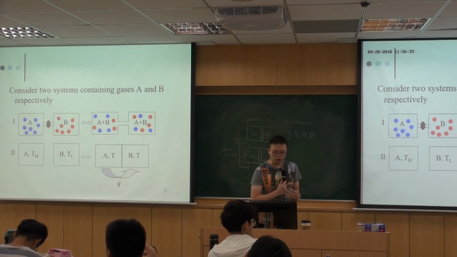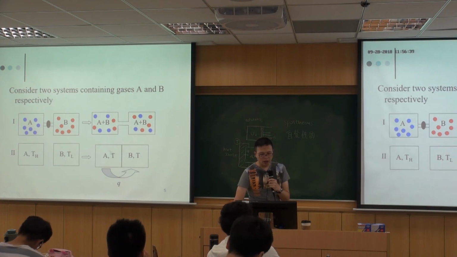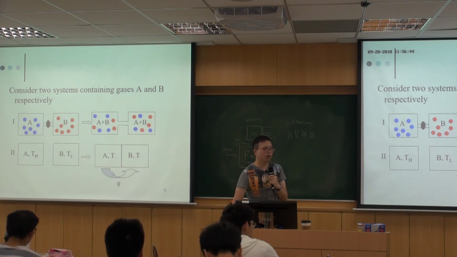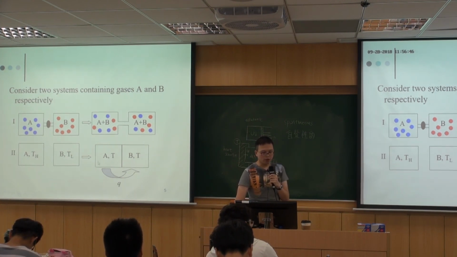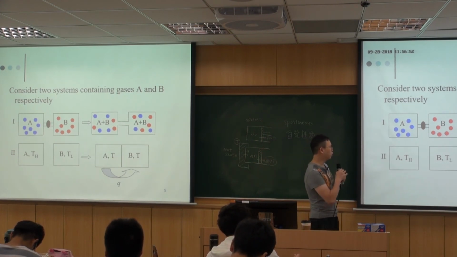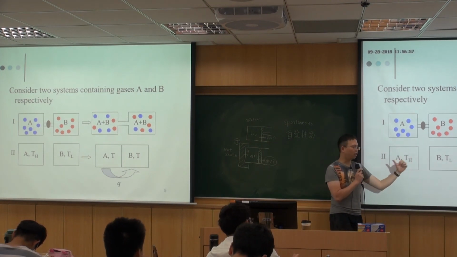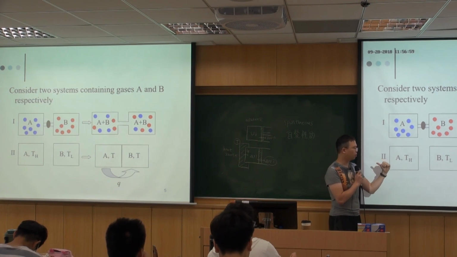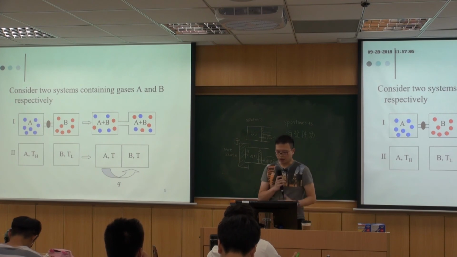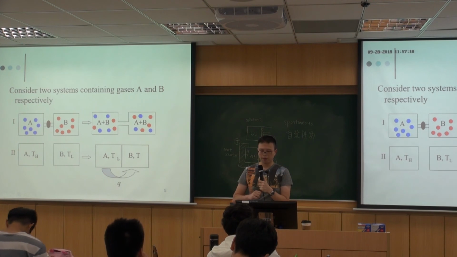So eventually, when the heat is transferred and the two systems have the same temperature, then the heat transfer will stop. So this is another type of, I would say, spontaneous process, because you know that once the temperatures are in equilibrium, it's not going to reverse its direction of time, and it's impossible that you can have these two things in contact with each other, but still having different temperatures, right?